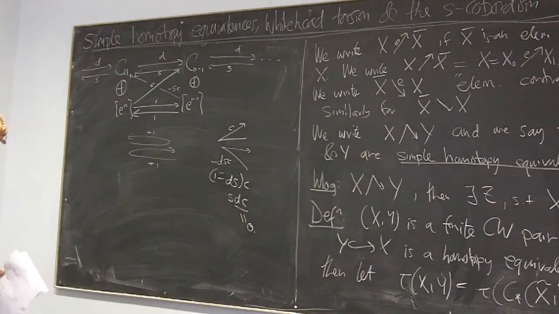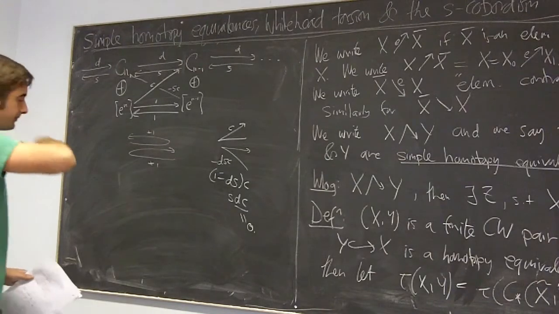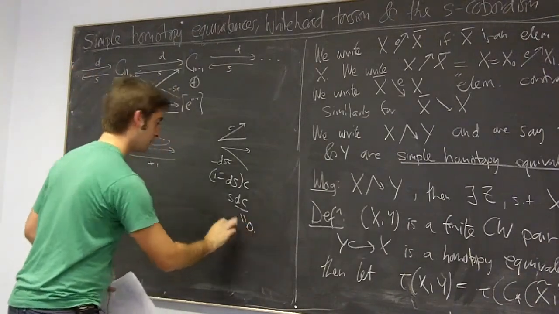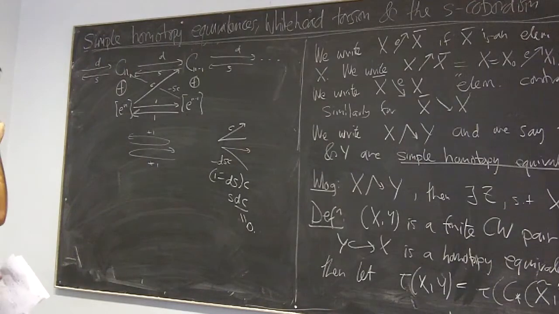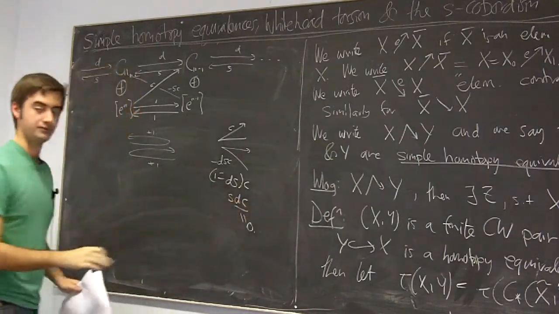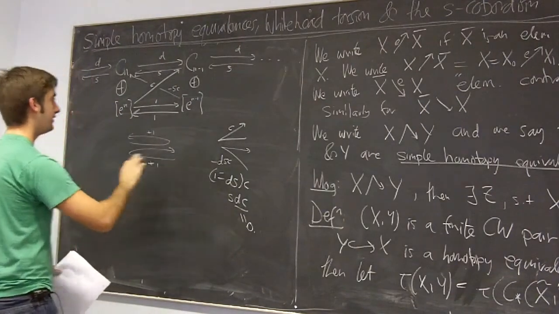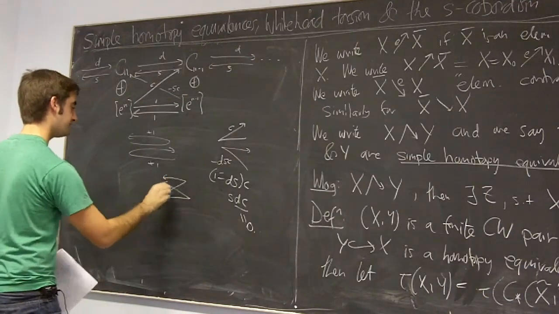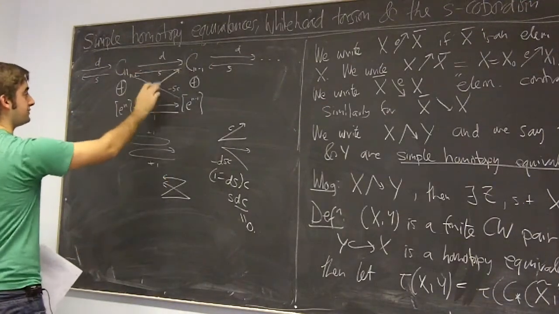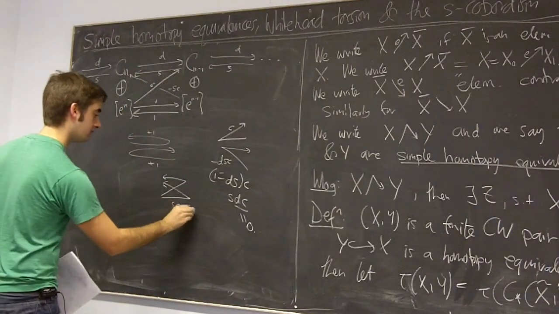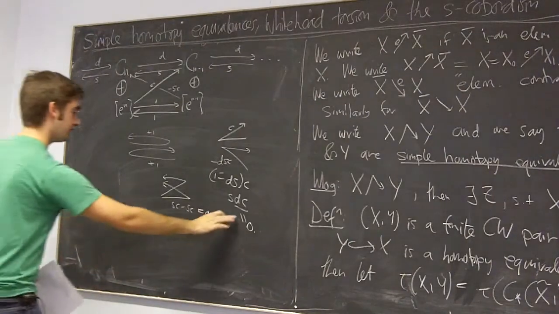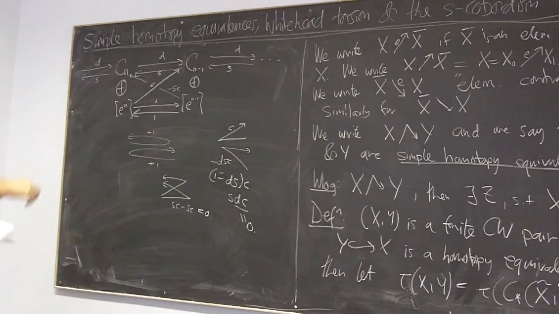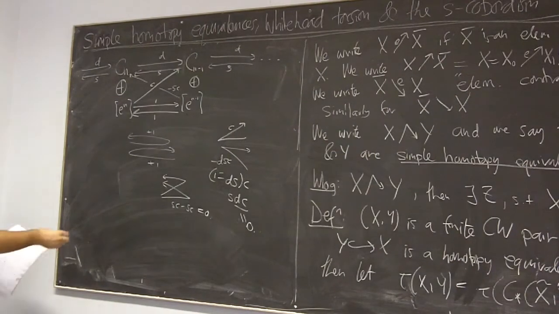Is that right? Well, this should be 0. I'll think about it. And the other way, we have this plus this, we just get Sc this way and we get minus Sc the other way, which gives us 0. So I'll think about this later, but that should work. And this gives us a chain contraction.